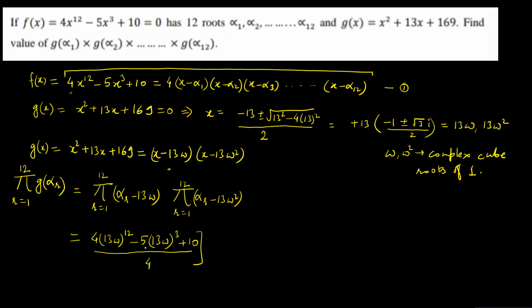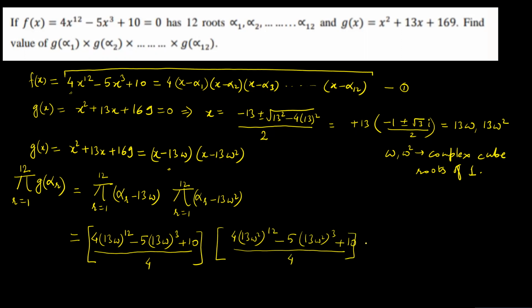So this would be one of the values. Now the second value, we have to substitute 13 omega square. So this will become (4 (13 omega square)^12 - 5 (13 omega square)^3 + 10)/4.